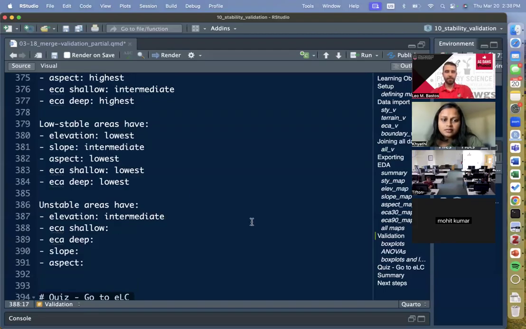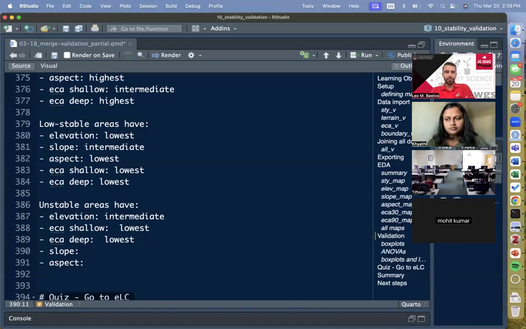What about yellow? Amandeep, let's go back to you again. Lowest. That's what I had as well. What about ECA deep? I think Mohit is on his phone, so I'm going to give him some slack today. Back to you. What about ECA deep on unstable? Lowest, that's what I had as well.